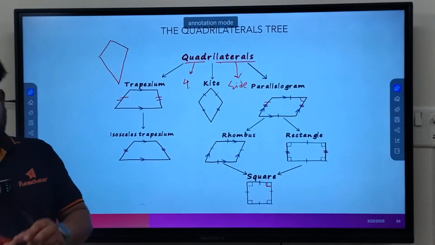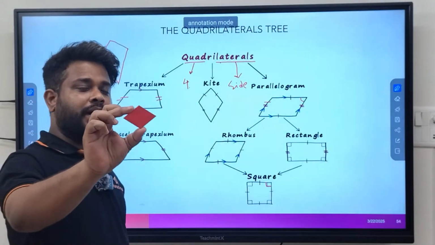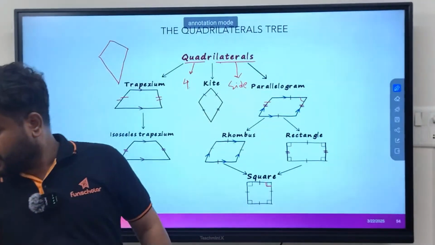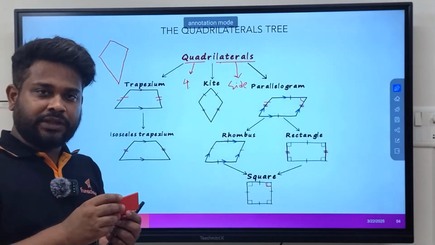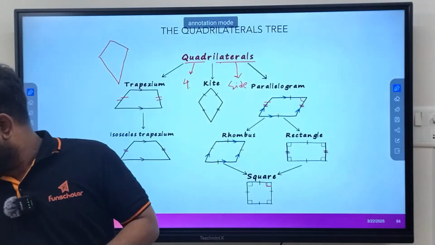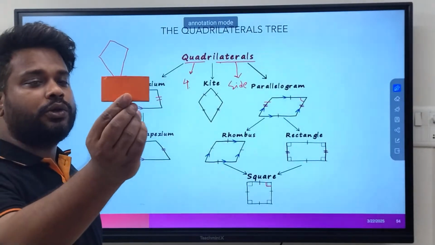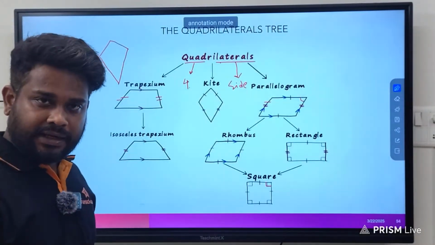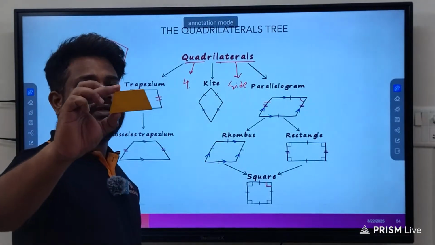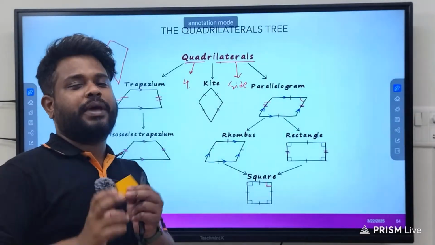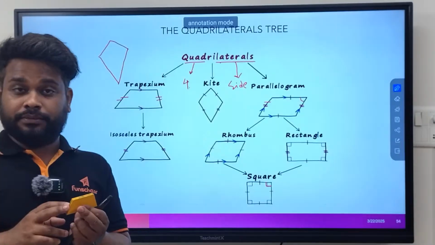Okay, simply this one will be a rhombus, whose every side is equal but angles are not. This one will be a parallelogram whose opposite sides are parallel to each other and also equal, and this will be a rectangle whose opposite sides are equal, also the angles are 90 degrees or right angled, and this will be a trapezium or isosceles trapezium whose one pair is parallel, and equal as well.